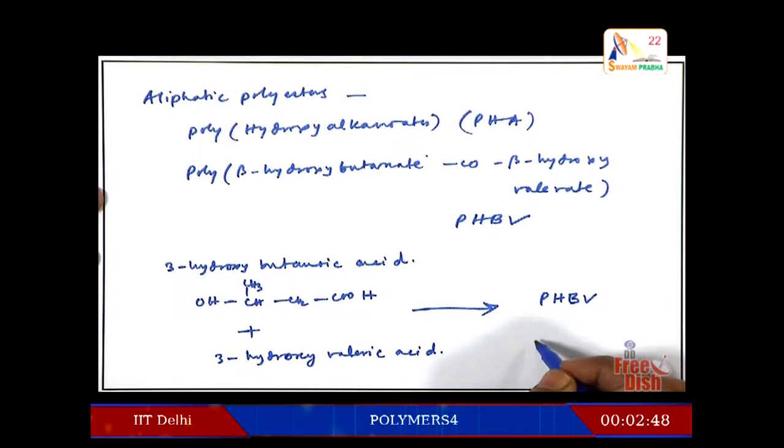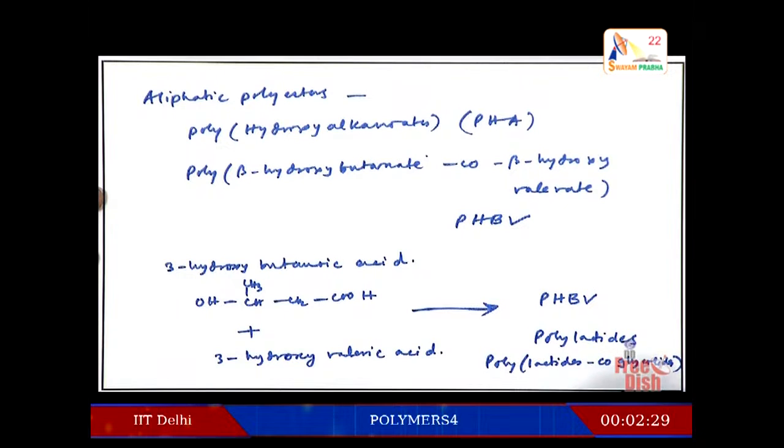The other polyesters are polylactides, which are formed from polylactic acid, polylactide-co-glycolides, which are formed from a copolymer of lactic acid and glycolic acid, and polycaprolactones.